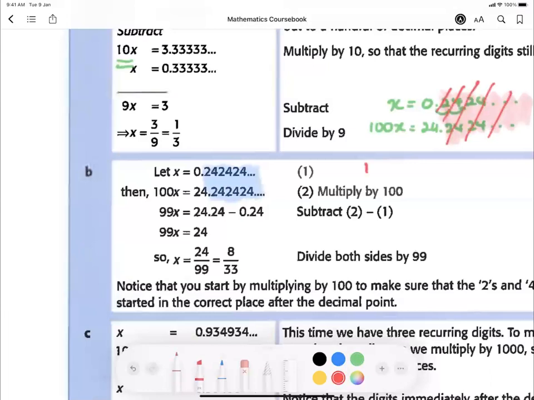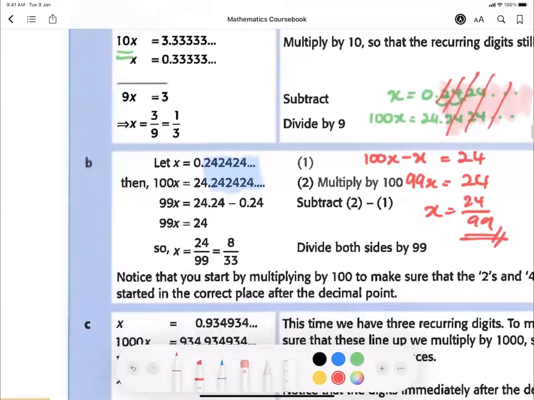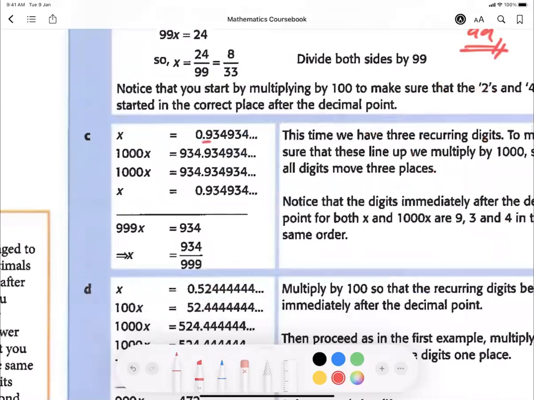So I'll get 100x minus x is equal to 24. 99x is equal to 24. x is equal to 24 over 99. Okay, if it's three numbers that are recurring, then it's 1,000. If it's four numbers, then it's 10,000 and so on. So this is just depending on how many numbers are repeating.